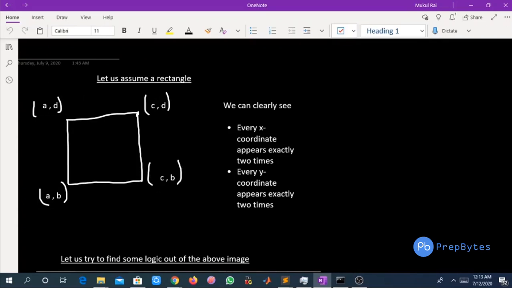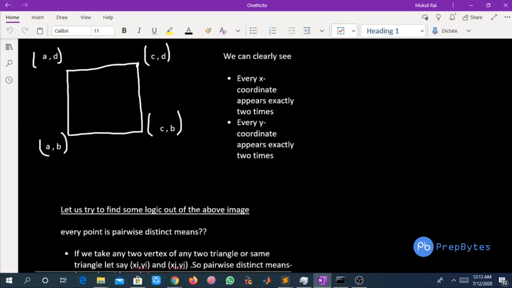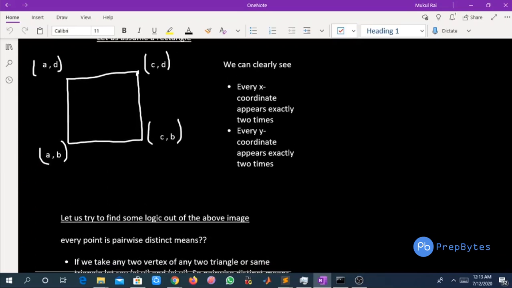If you see here, we can clearly see that every x coordinate and every y coordinate of this rectangle appears exactly 2 times, right? The x coordinate a appears exactly 2 times, the x coordinate c appears exactly 2 times, the y coordinate d appears exactly 2 times, and the y coordinate b appears exactly 2 times, right? So this is the condition we can use for solving the problem, right?